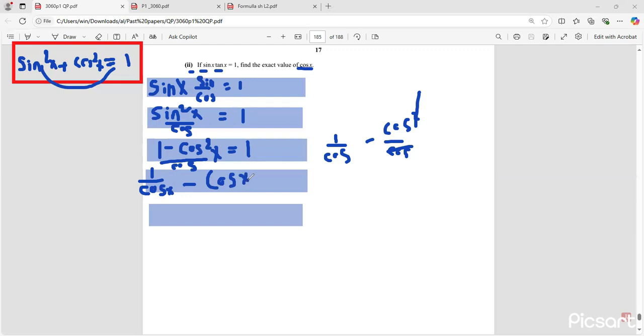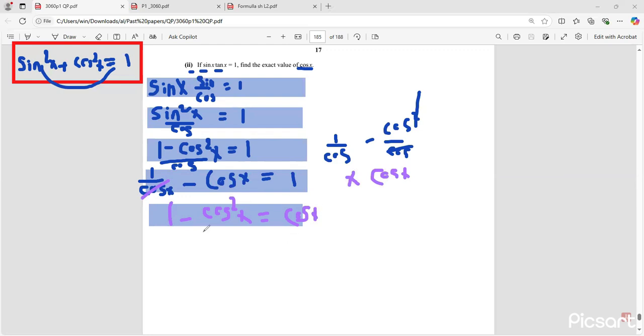Equal to number 1. Okay, I'm going to make it like a quadratic. So I will multiply, just to get rid of this denominator, all by cosine x. So this will be 1 minus cosine squared equal to cosine, since I multiplied all by cosine x.